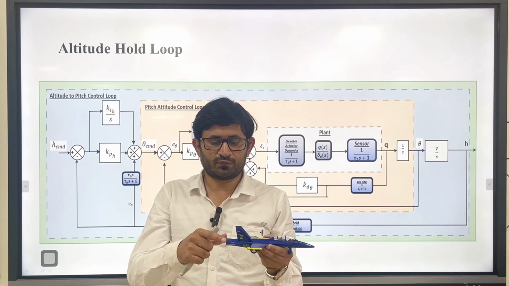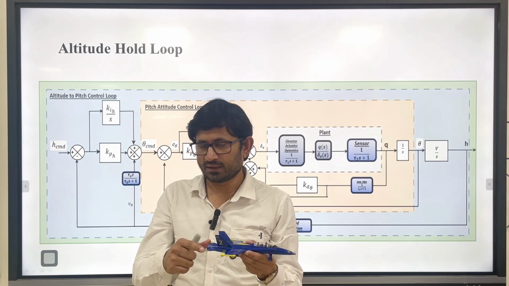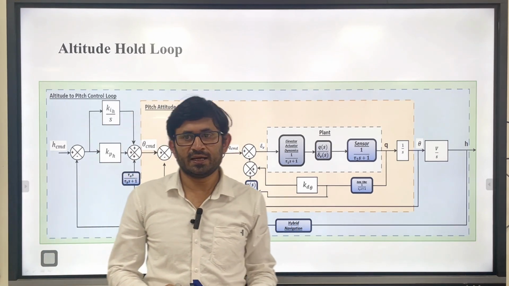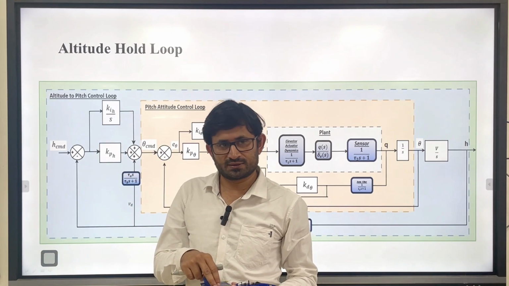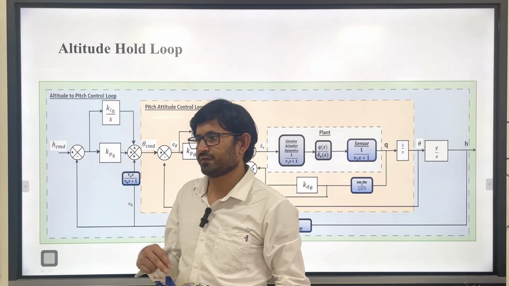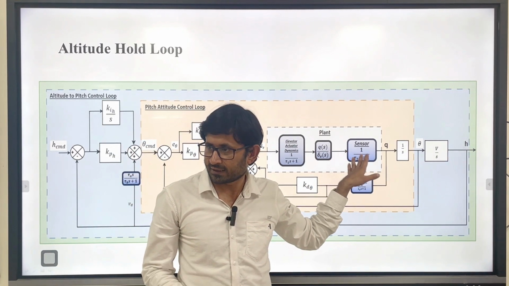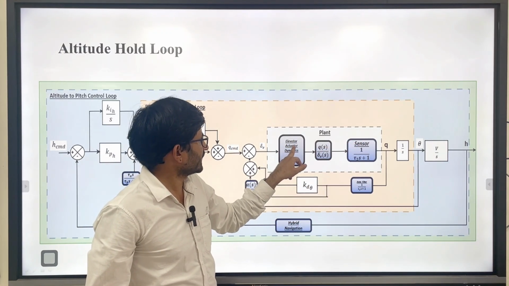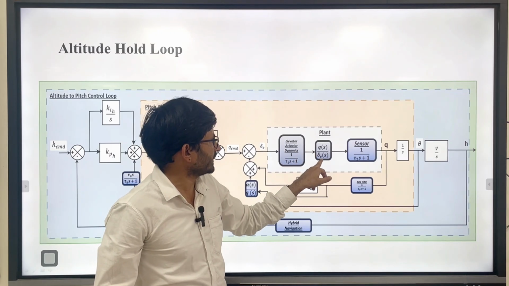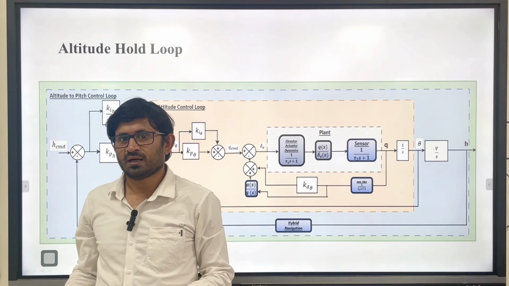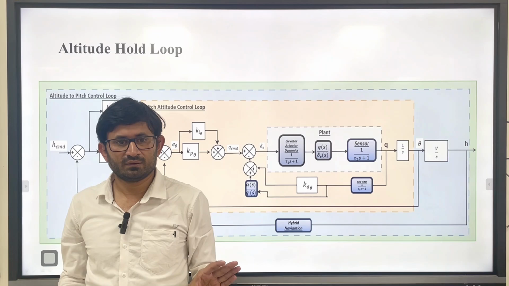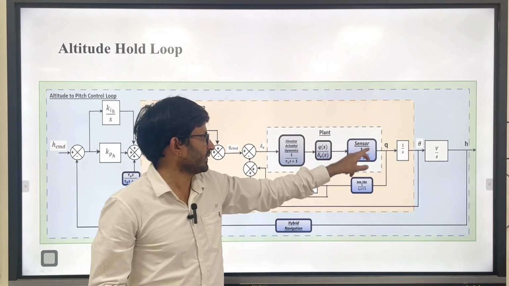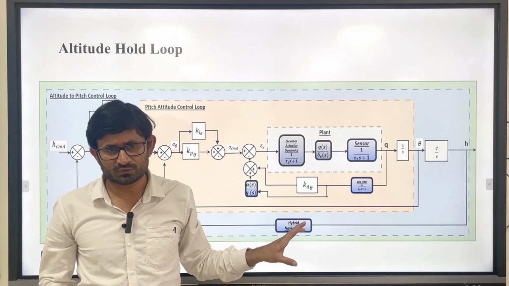Now you have to have an actuator, like in this longitudinal case the elevator. This is the actuator dynamics, and the flight computer needs a sensor signal, so there is computer delay and sensor delay. You have modeled the delay. So the elevator or actuator dynamics, Q by delta transfer function and sensor make a plant with a hardware lumped model. That means you have included the actuator dynamics and delay with the plant. You can also say this is a real plant.